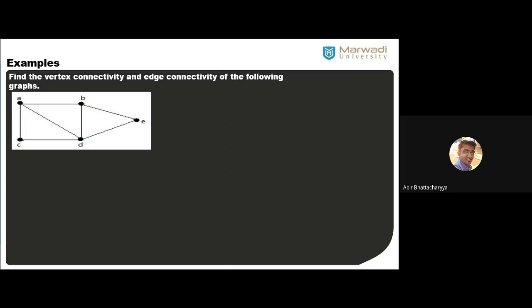Whenever you are finding with justification, you have to write it. What is the justification? If EC is 1 or EC is 2, you have to write down the edges whatever you are disconnecting or cutting. So you can write the edge names here, 1, 2, 3, 4, 5, 6, 7.